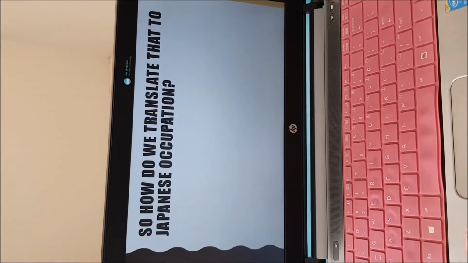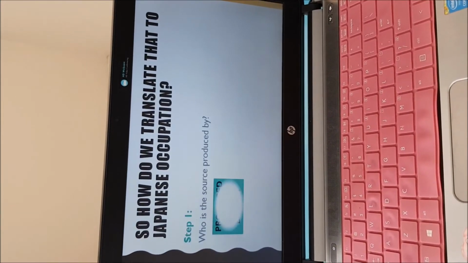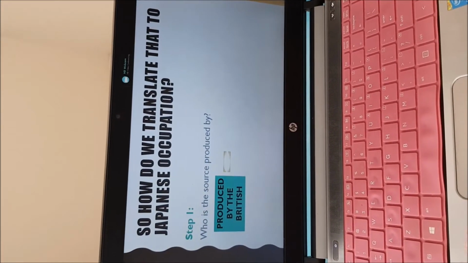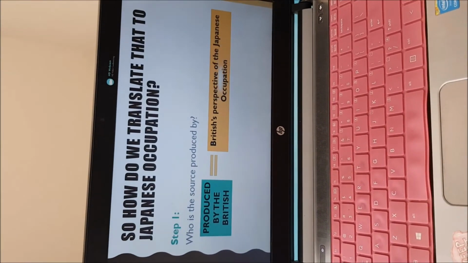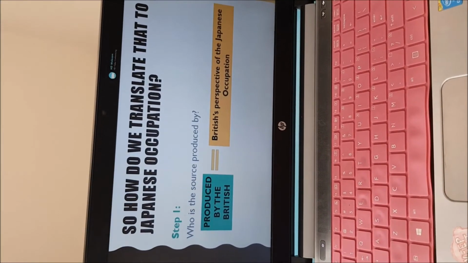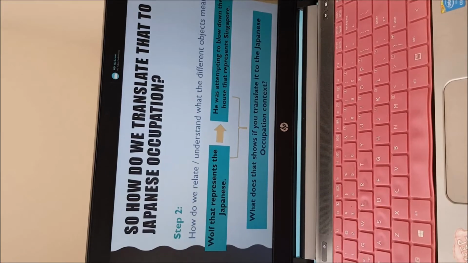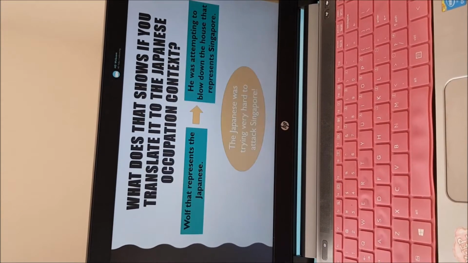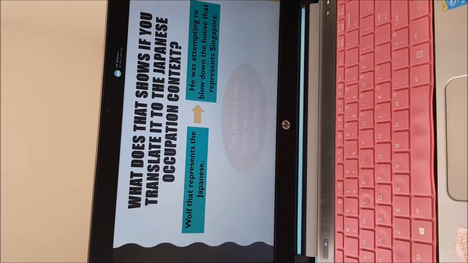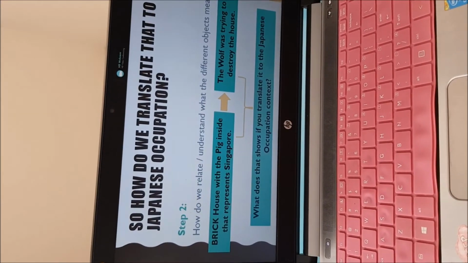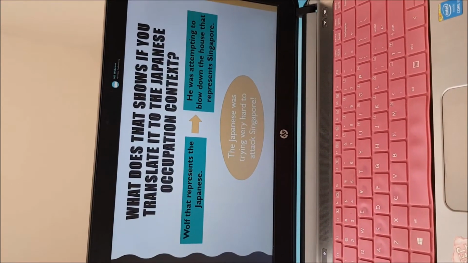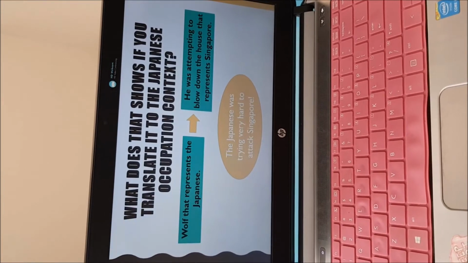So how do we translate that to Japanese occupation? Step 1, we have already identified that the source was produced by the British, means that this is the British perspective of the Japanese occupation. Now, what about the wolf that we have circled just now? What does the wolf represent? The wolf represents the fact that he was trying to attempt to blow down the house, which is Singapore.